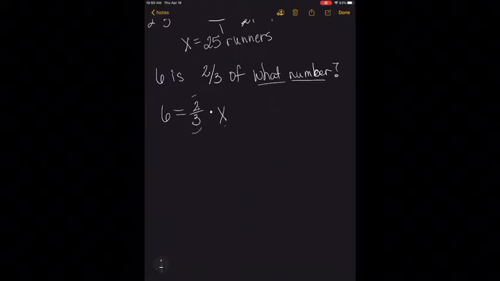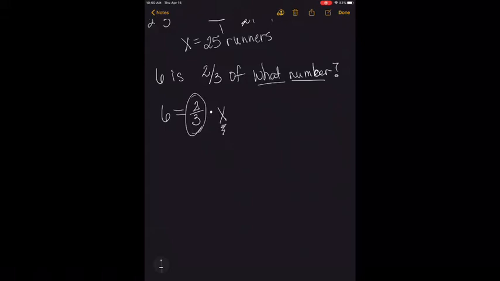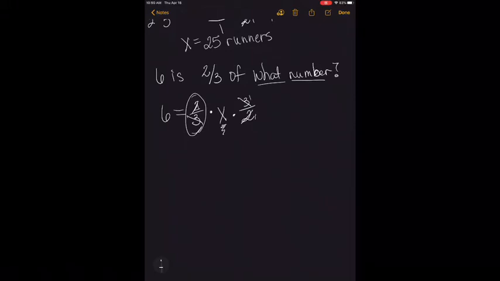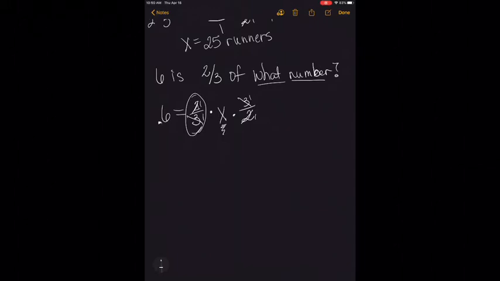So once again, in order to get rid of that 2/3 that's attached to the variable, because that's always what we're trying to get rid of, anything that's attached to the variable, what we have to do is multiply by the reciprocal. And it's okay that they're not right next to each other. We can still multiply across over that x. So those all become 1.